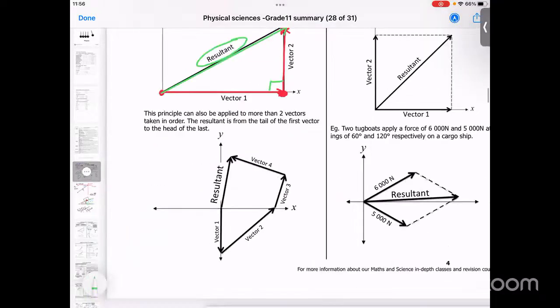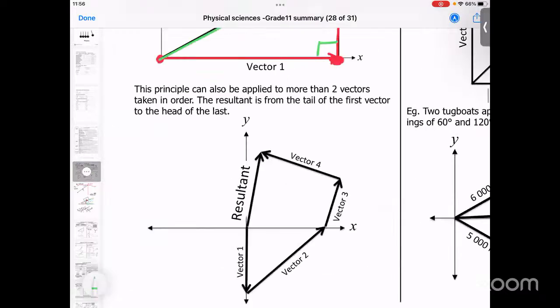Okay, so now they say this principle can also be applied to more than two vectors taken in order. The resultant is from the tail of the first vector to the head of the last vector.